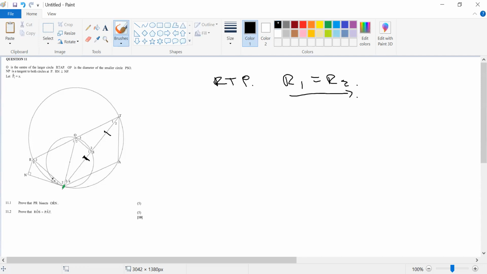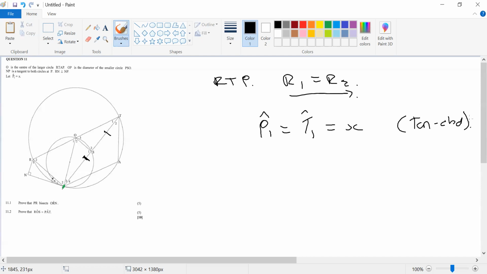So from our diagram, we can see that angle P1 is equal to angle T1, which can be found up here because of the tan chord theorem. So P1 is equal to T1, which is equal to x, and that's simply because of the tan chord theorem. Next up, if I can equate anything to x, yes, I can.